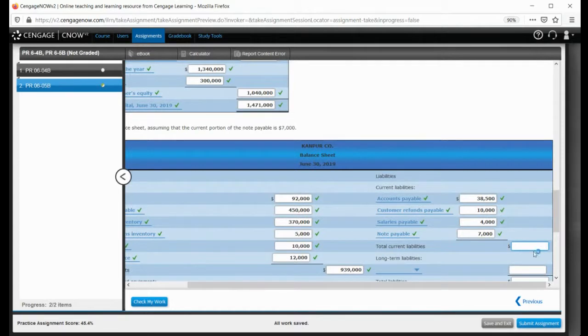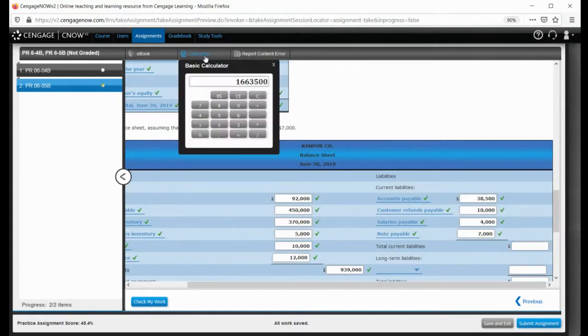The next step is to find the total current liabilities. So we're going to add our liabilities together.